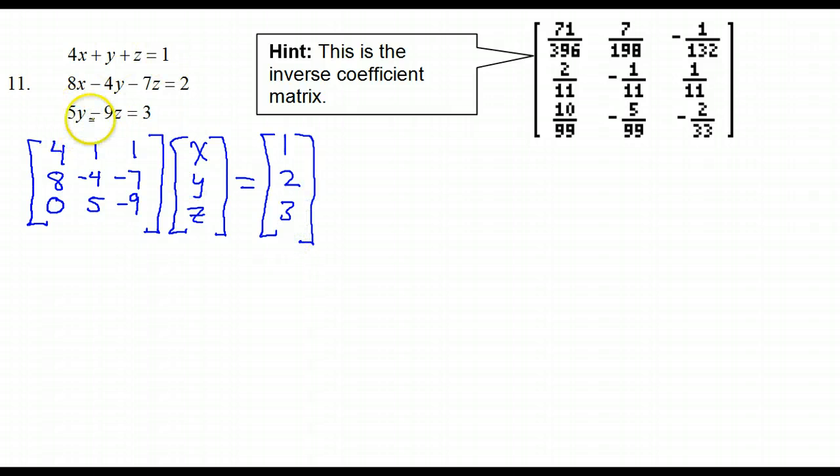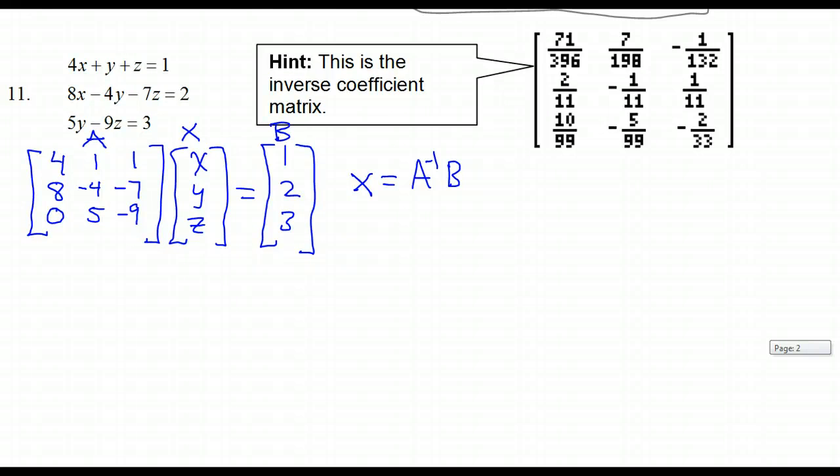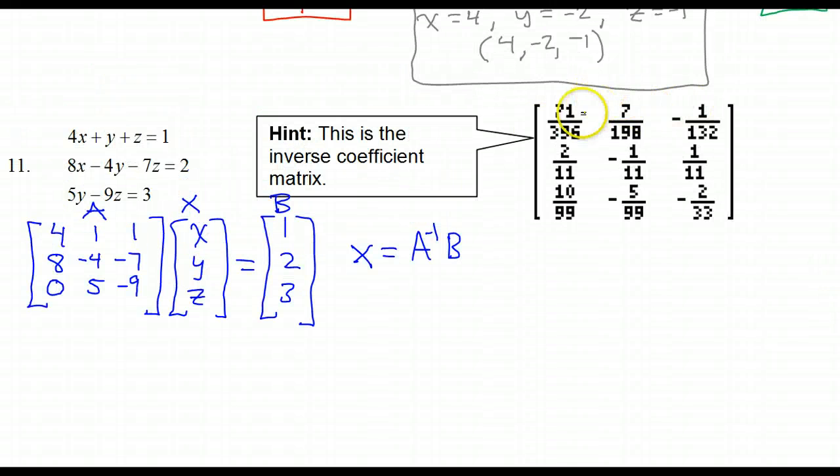Okay, so this is matrix A, this is matrix X, and this is matrix B. If we want to find matrix X, it should equal A inverse times B. Now, as we learned from the last problem, this is the inverse coefficient matrix. That means this is A inverse.